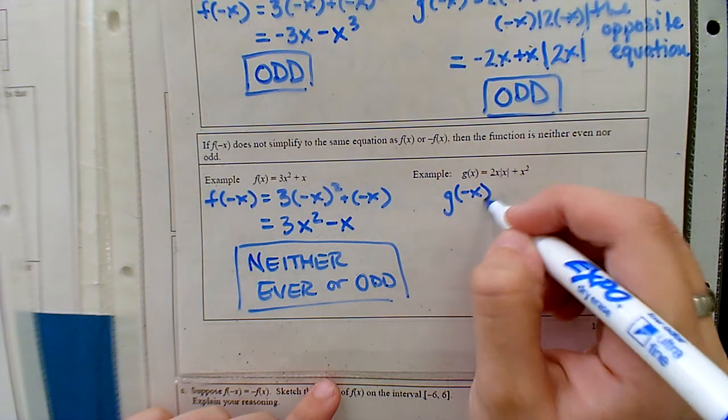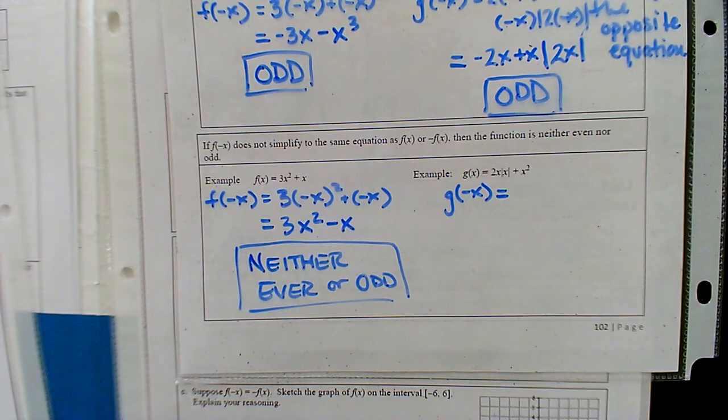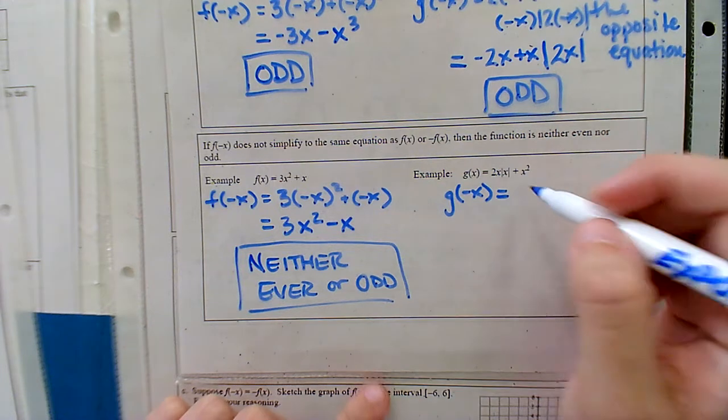Let's check out the next one. We're going to plug in negative x and see what we get out. Do we get out the same equation? Do we get out the opposite equation? Or is it a mixture?